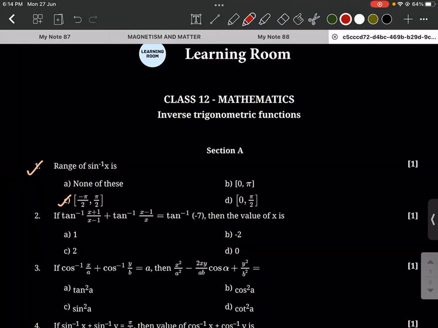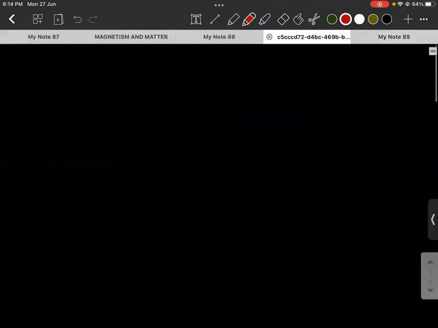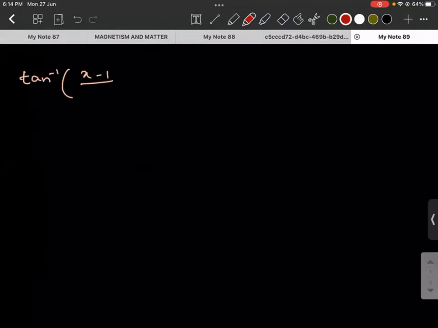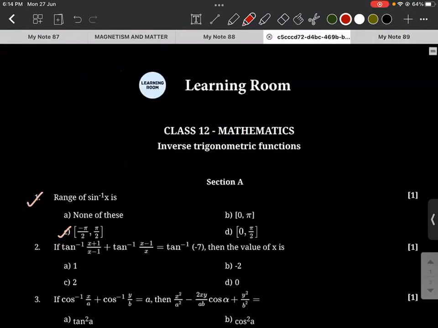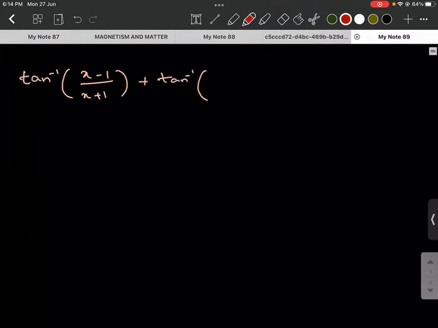Tan inverse of (x plus y) by (1 minus x into y) is equal to tan inverse of minus 7.